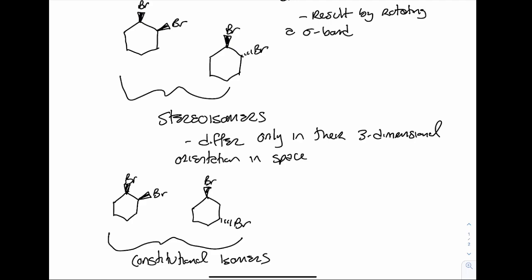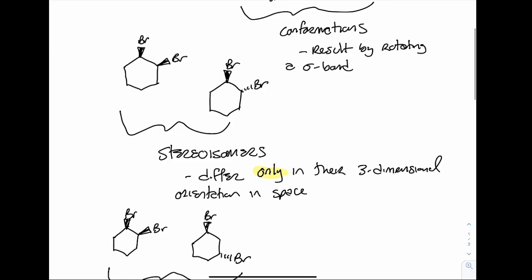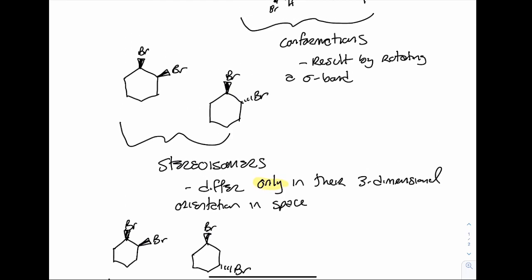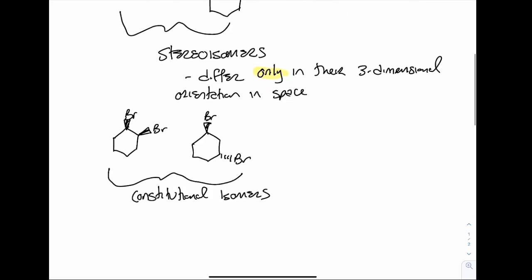Stereoisomers, if we go back up, differ only in their three-dimensional orientation. If I was to name both of those molecules, I'm going to have 1,2-dibromocyclohexane. The first one is trans, the second one is cis, but they're both 1,2-dibromocyclohexane. If I look at these two that I just drew, the first one is 1,2-dibromocyclohexane.